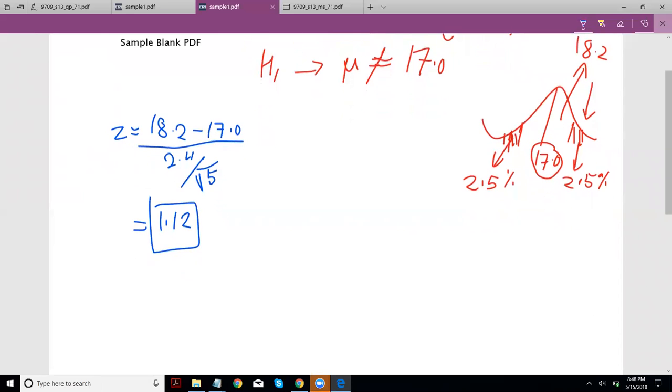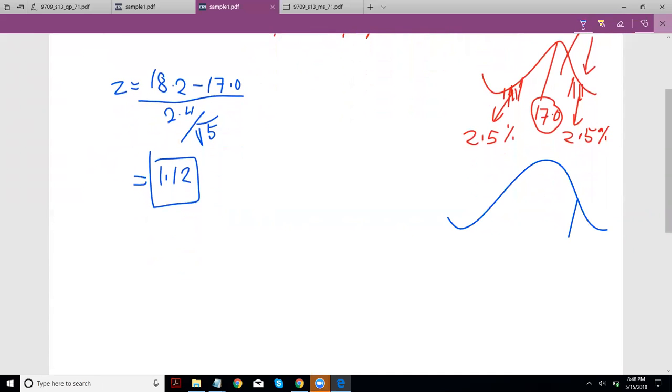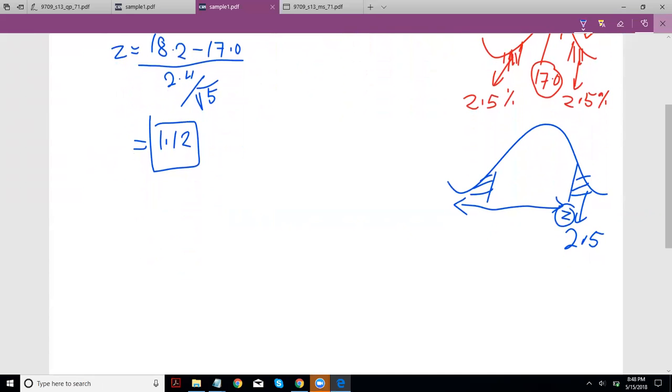And if you look at the normal distribution again, this was 2.5, which means all the probability less than this particular z value would be 97.5%.